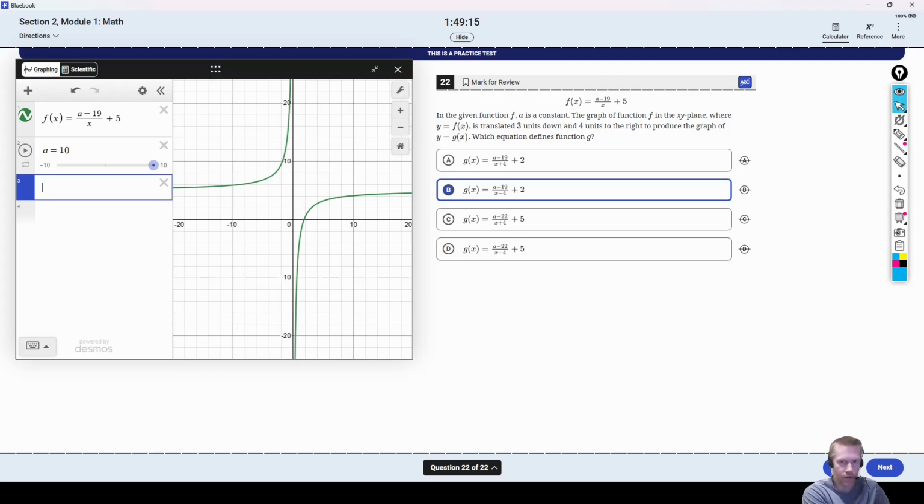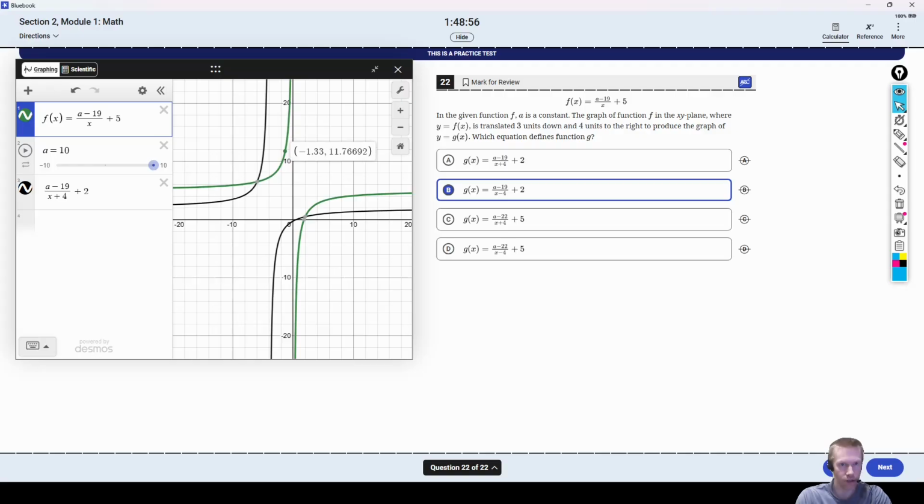Now I'm going to type in the answer choices, and I'm going to see, do they go down and left? Or, excuse me, down and right. So this one looks like it goes down, but notice also it's going to the left. It's not going to the right. In other words, here it's going across, over to here.